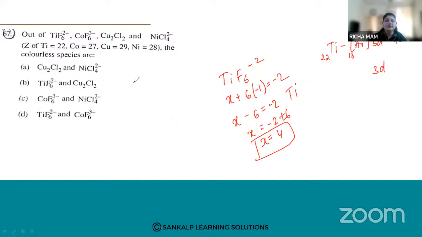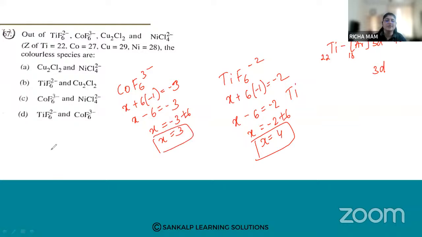Now next is CoF6 3 minus. So find the oxidation state. X minus 6 equals minus 3, so X is plus 3. Cobalt is 27, 3d7 4s2.